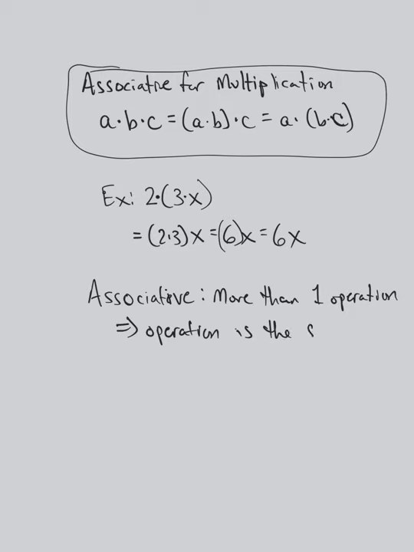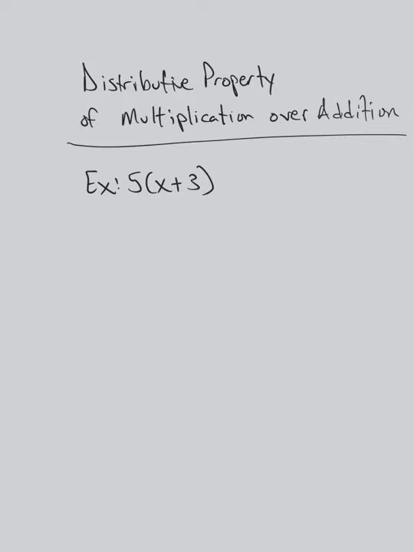And I will tell you, the associative property actually applies to subtraction and division as well, but that's more just following order of operations. So once we talk about distribution and you find yourself confused, the difference is with the associative property, you're doing more than one operation, but they're all the same operation. What we're going to see with the distributive property is we'll have 2 different operations.